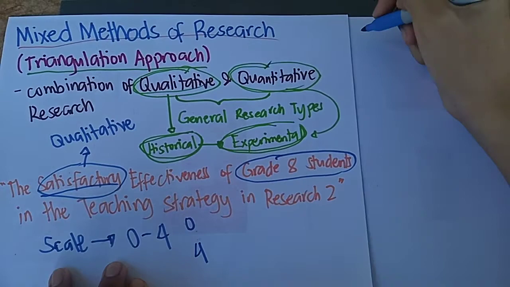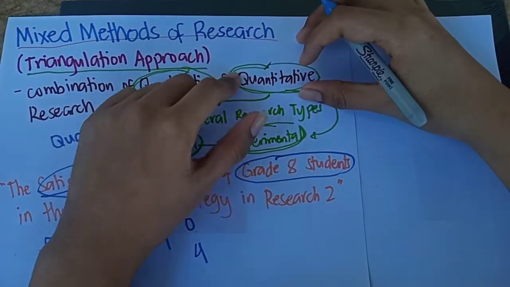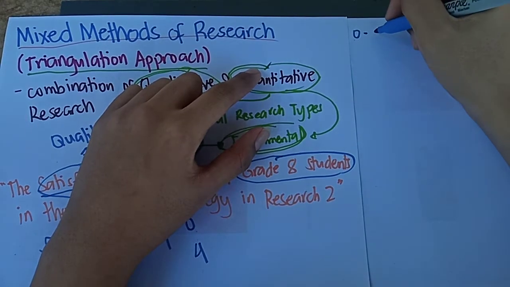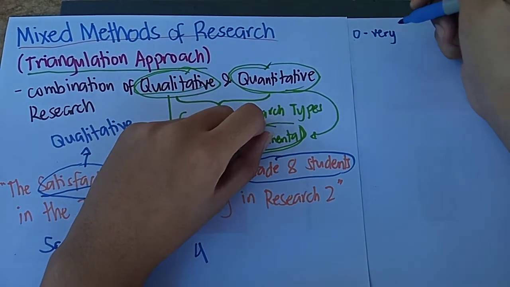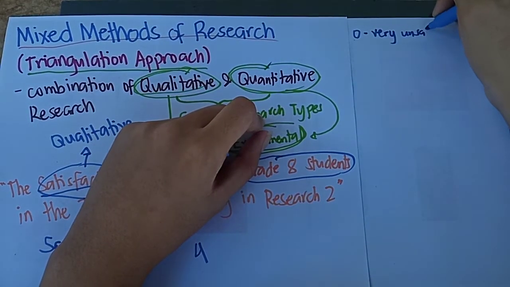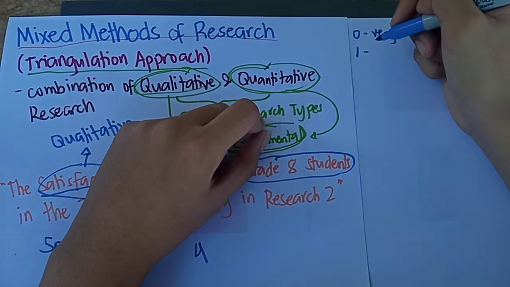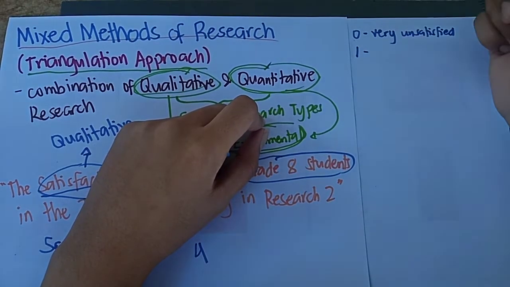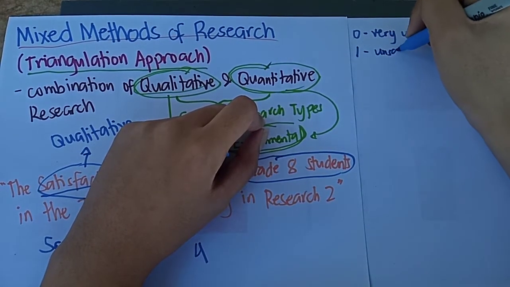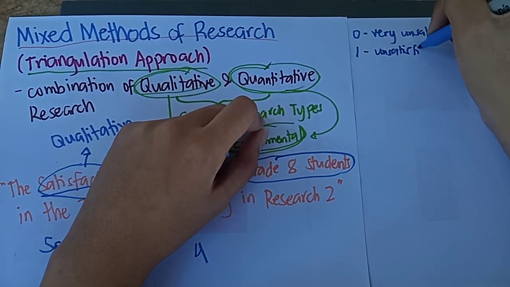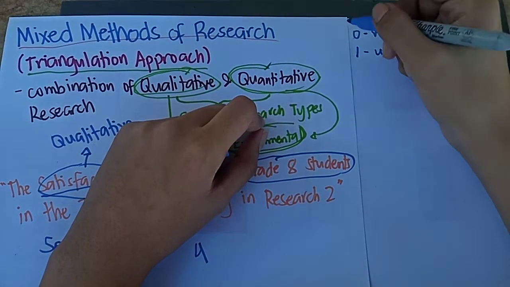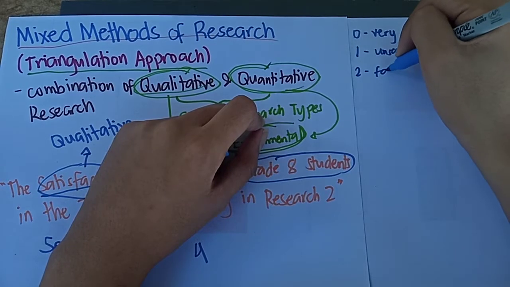So we can say that 0 can be described as very unsatisfied. Then we can say that 1 is unsatisfied. We can say that 2 is fairly satisfied.